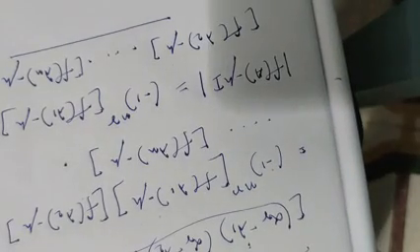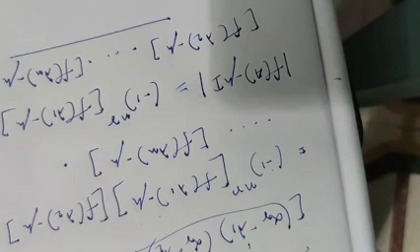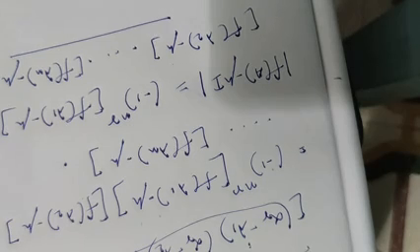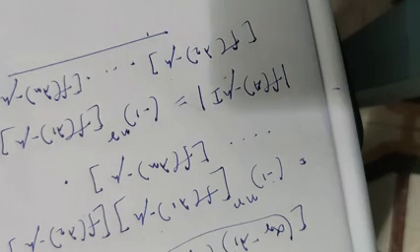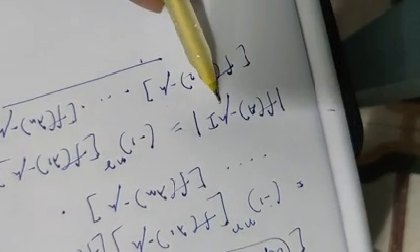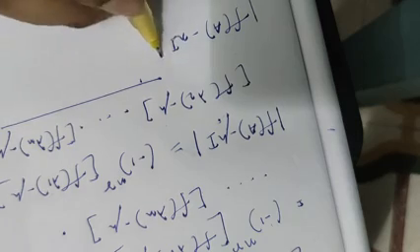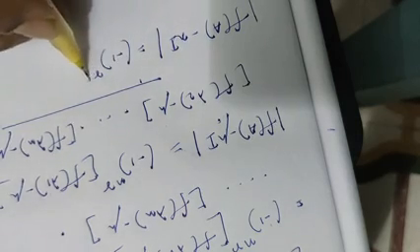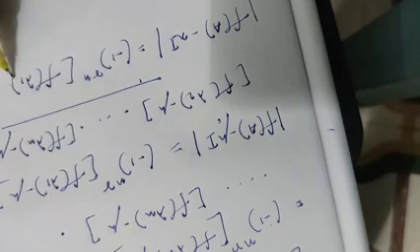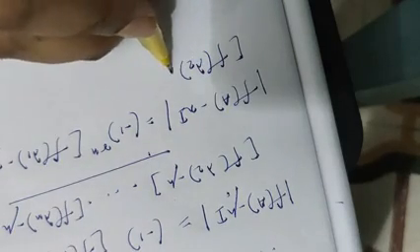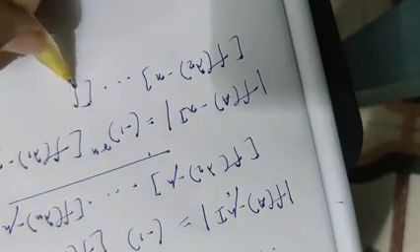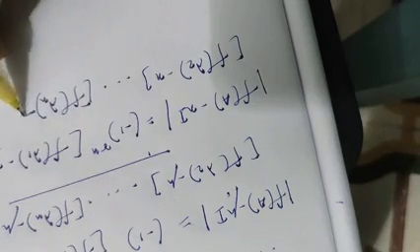This is f A minus mu I. Now, as the above relation holds for each value of mu, this is true for all values of mu because we have chosen mu arbitrarily. So instead of mu we can put x, so we can write f A minus x I equals minus 1 whole to the power rn into f of lambda 1 minus x into f of lambda 2 minus x up to f of lambda n minus x.